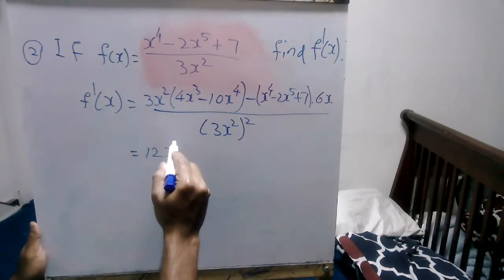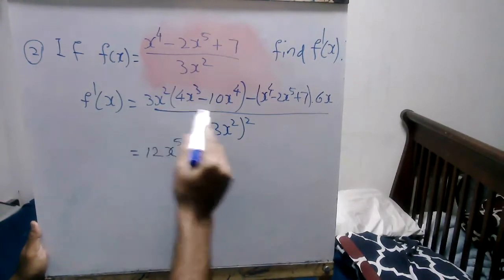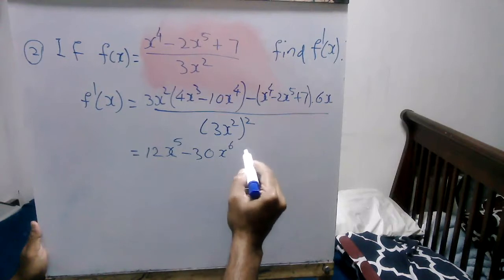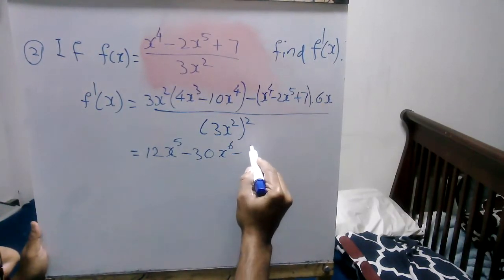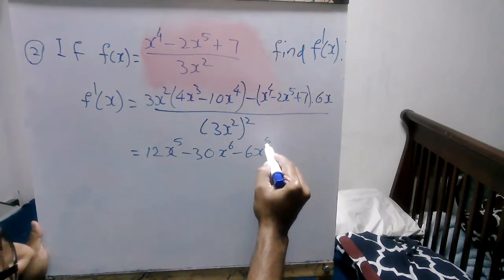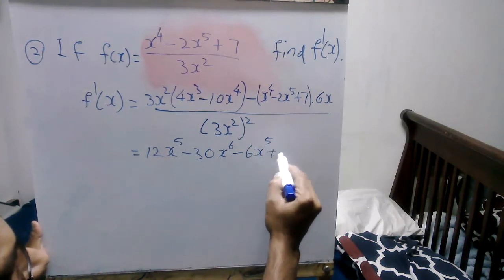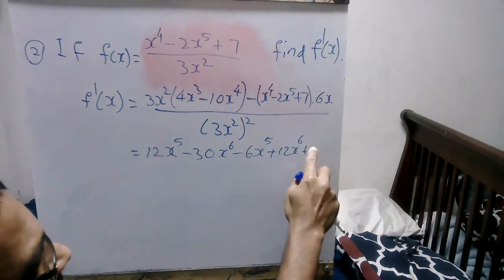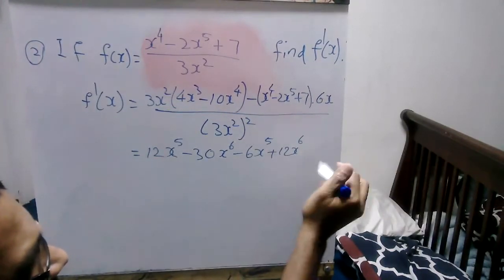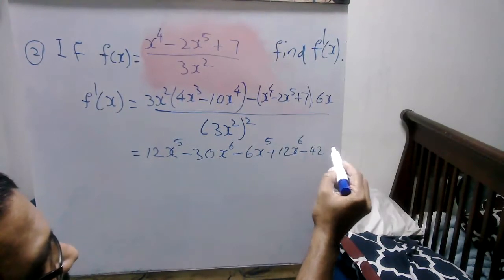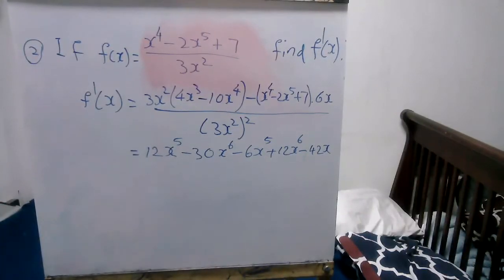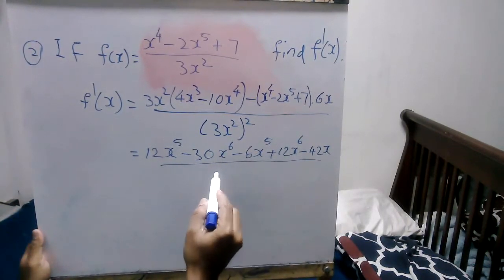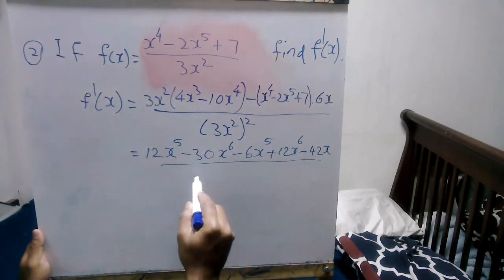X to the power 2 plus 3 is 5, minus, negative times positive is negative, 42x, divided by, what is this? 3 times 3 is 9.